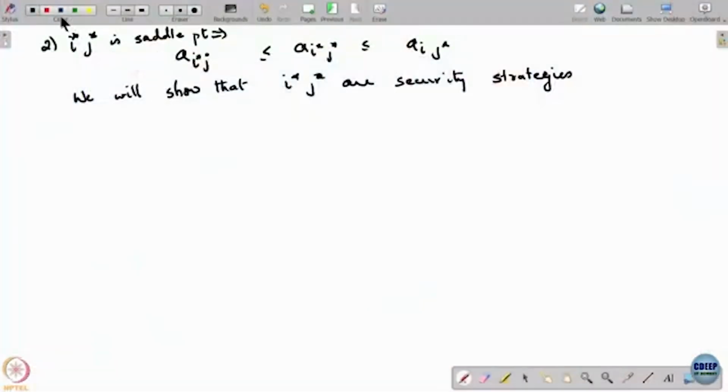So, if you actually look at just this part, this is in fact the interesting thing about zero sum games. If you look at any of these inequalities in isolation, this one is only saying that I star is the best reply to J star, and this one is saying that J star is the best reply to I star.